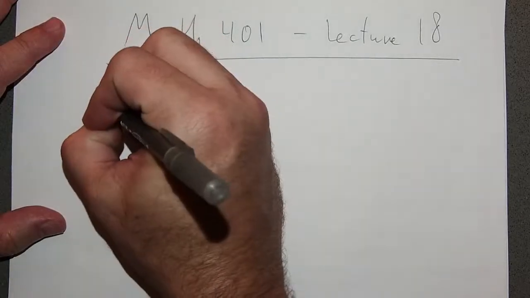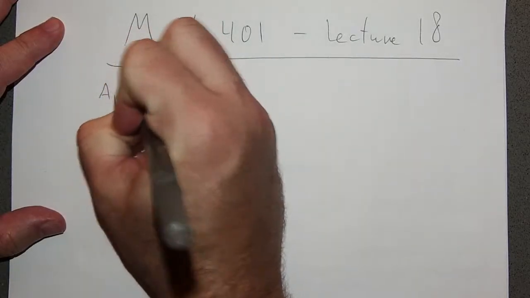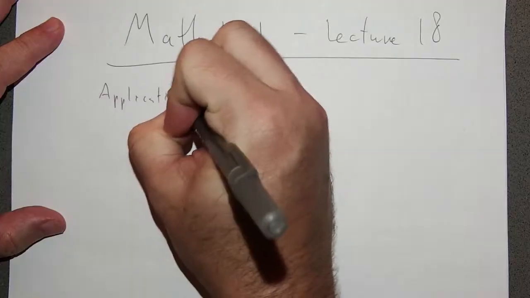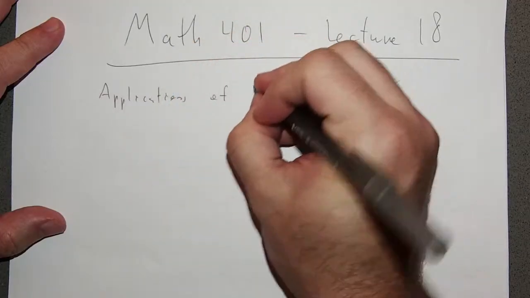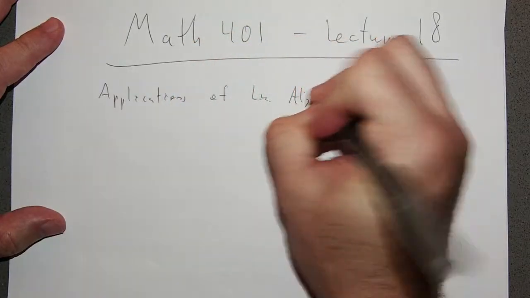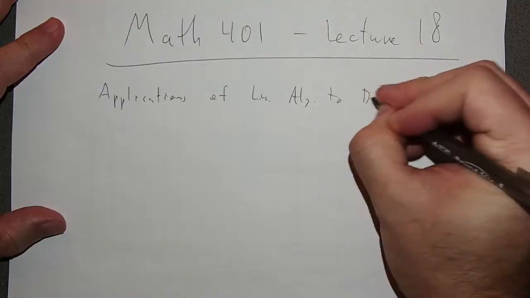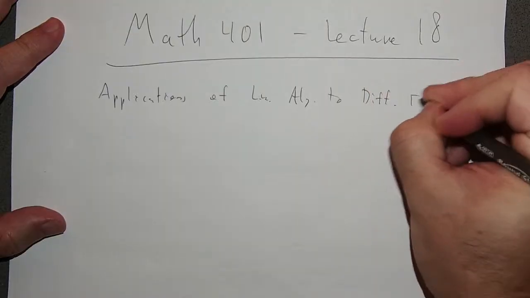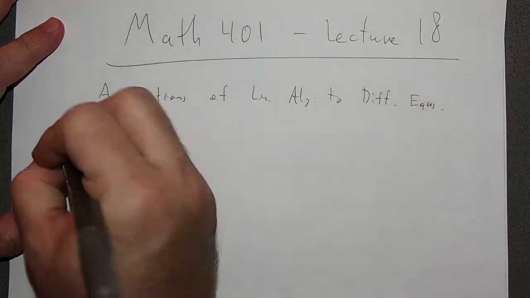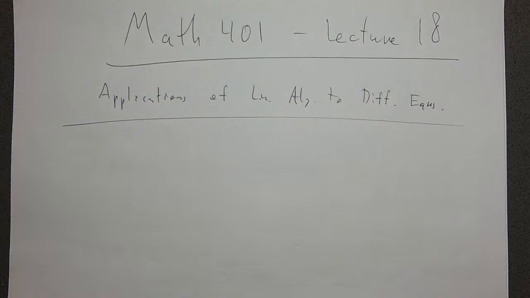Now, the overarching thing that we're going to do here is think of applications of linear algebra to differential equations. Of course, the last 30%, we'll say, of a differential equations course, that is Math 246, Math 243, deals with systems, first order systems of differential equations.